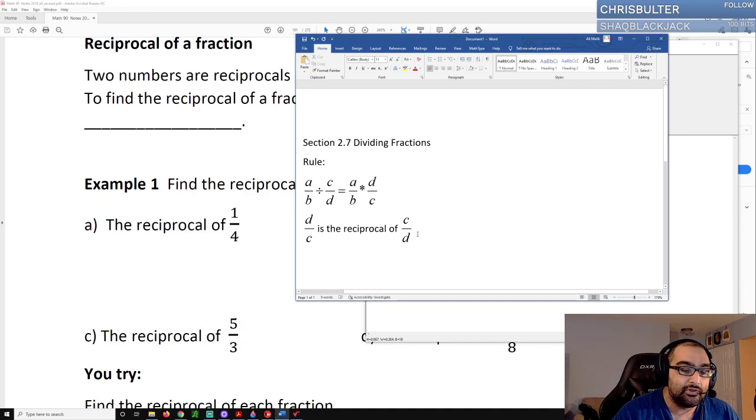We put the numerator in the denominator and the denominator in the numerator.